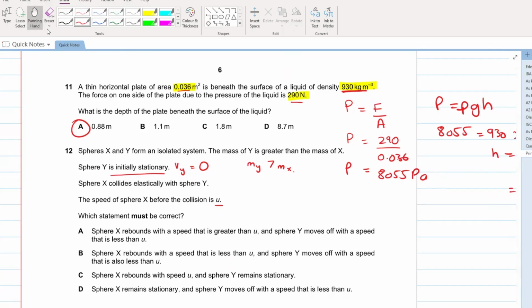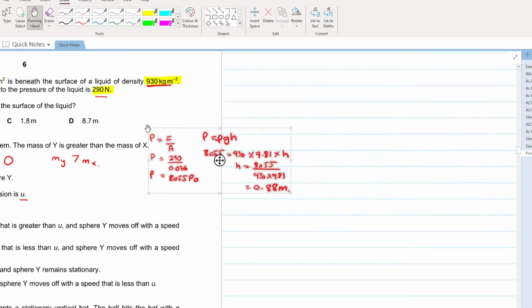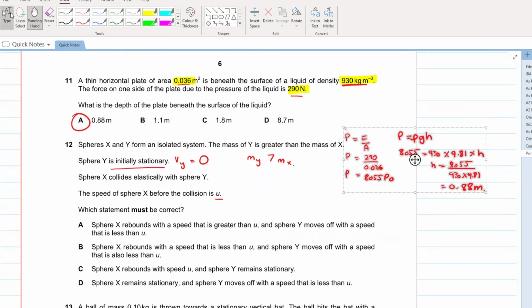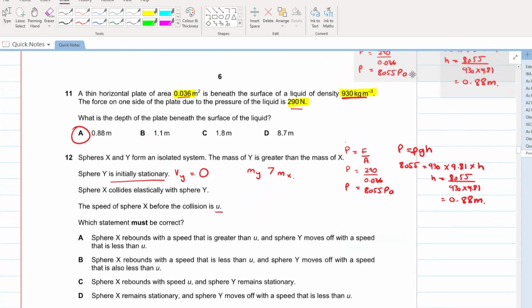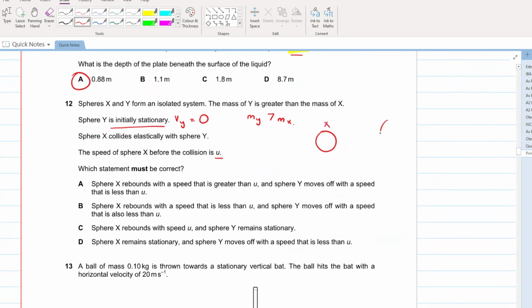So if I make the scenario before collision, let's say this is x and this is y, and y is stationary.